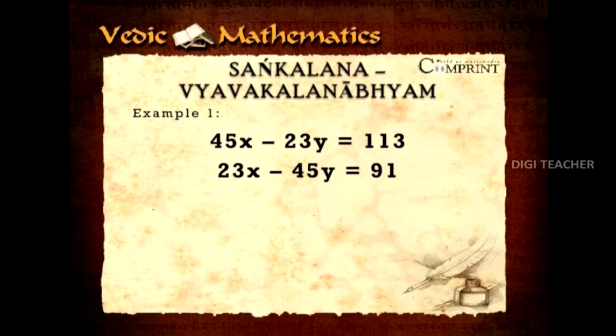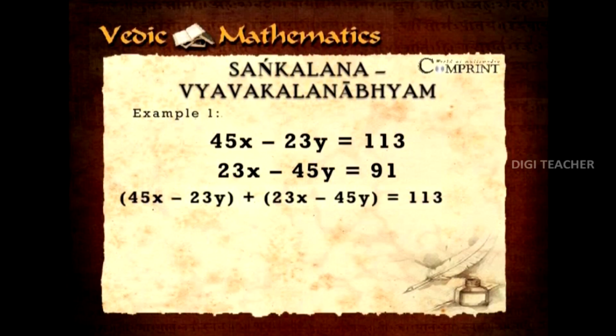Isn't that a difficult process to think of? Whereas from Sankalana Vyavakalanabhyam, add them, that is 45x minus 23y, and add 23x minus 45y to this, which equals 113 plus 91. That is 68x minus 68y, which equals 204. Therefore, x minus y equals 3.